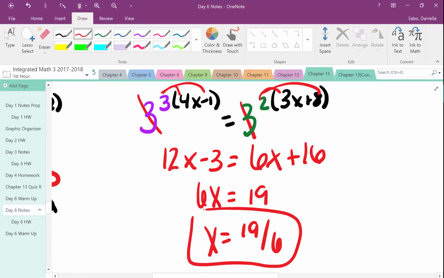See how you guys do. When you're done, all check your answer. Don't want to rush you, but hopefully you got that correct.